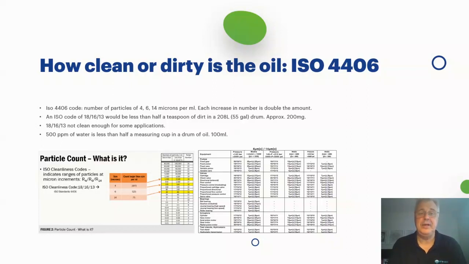For example, an ISO code of 16 would be between 320 and 640 particles per milliliter. As you can see, in each increasing number, we are talking about having the particle number doubling. So it's important to keep this in mind.